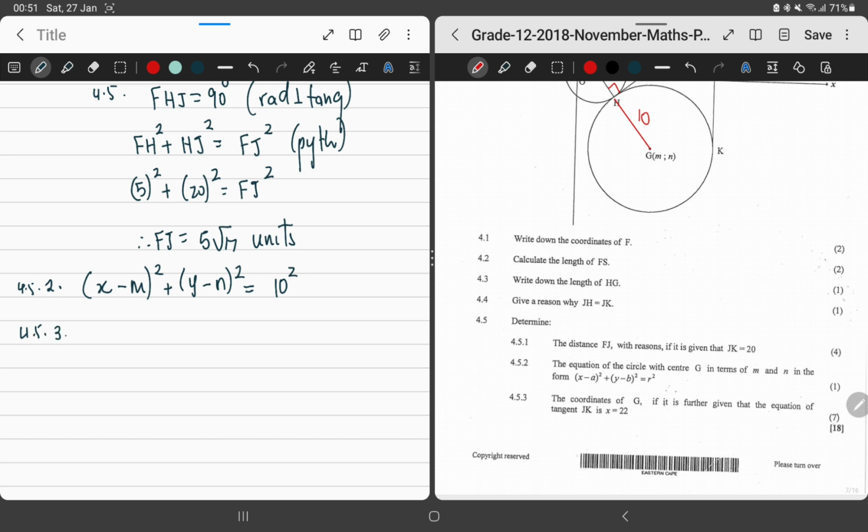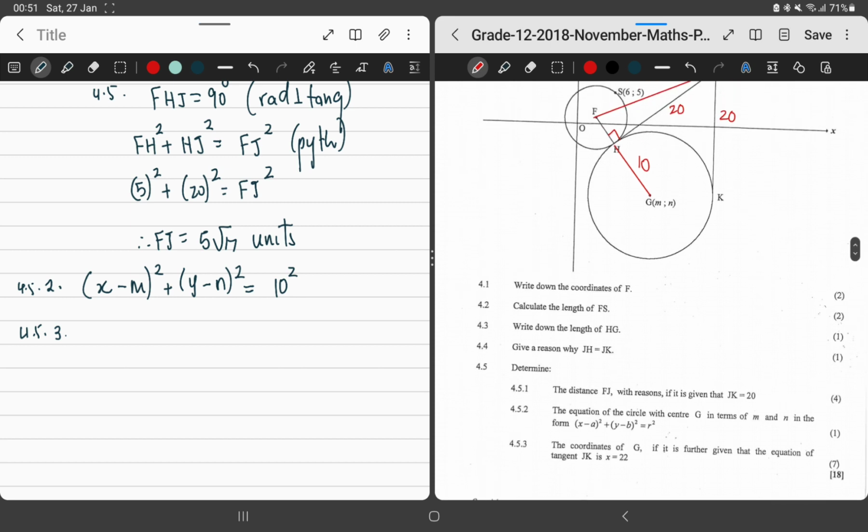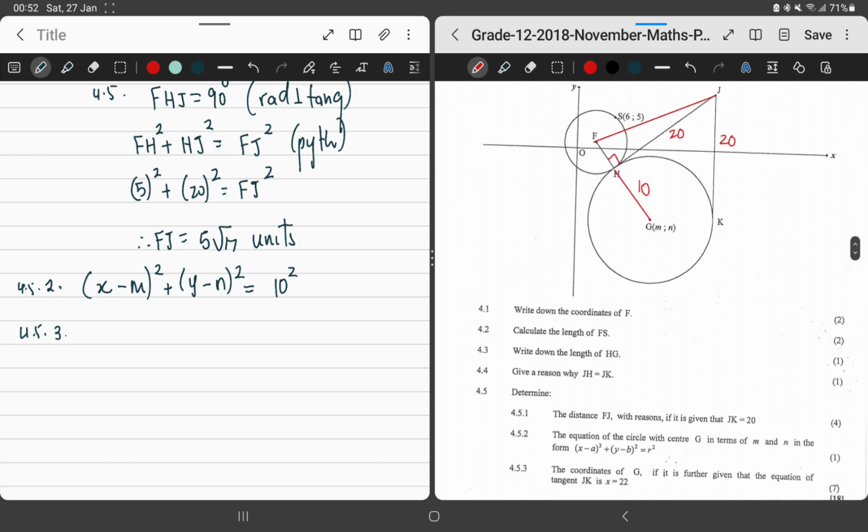4.5.3. The coordinates of G, if it is further given that the equation of the tangent JK is x equal to 22. So JK lies on the line x equal to 22.